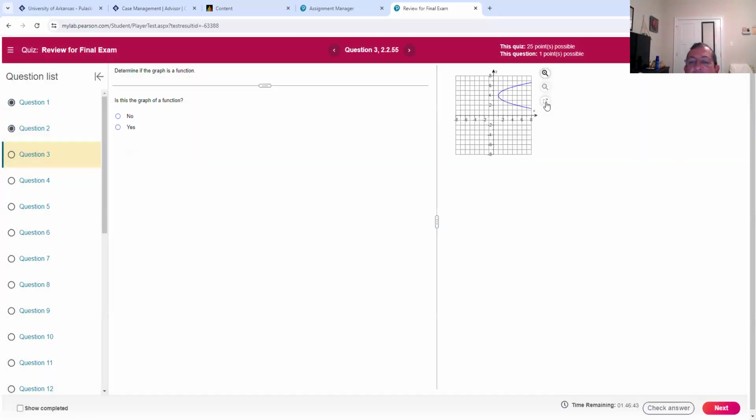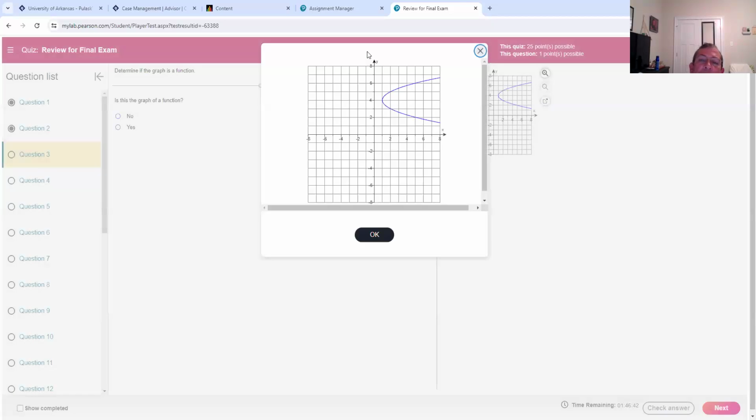So y'all let me make this bigger, and I'm going to pull up my chat so y'all can answer this one. But is this graph right here the graph of a function? Yes or no?